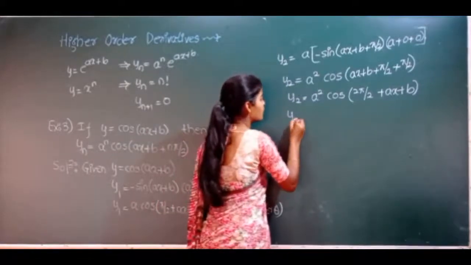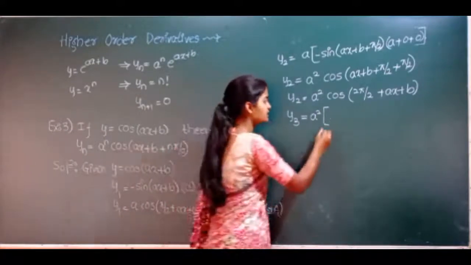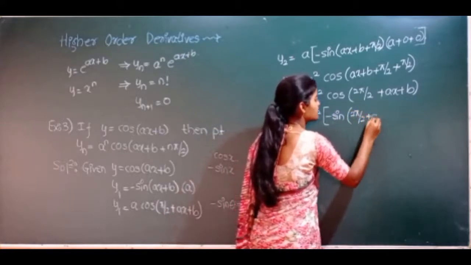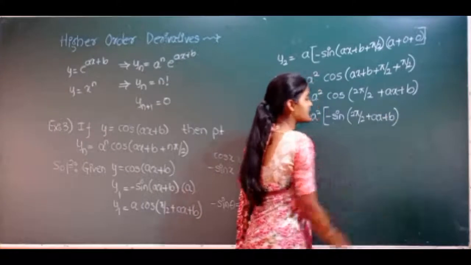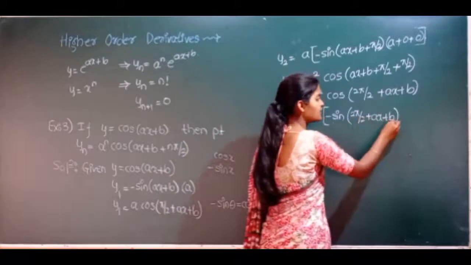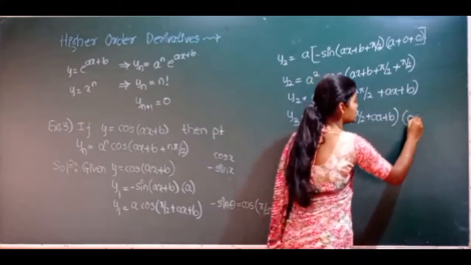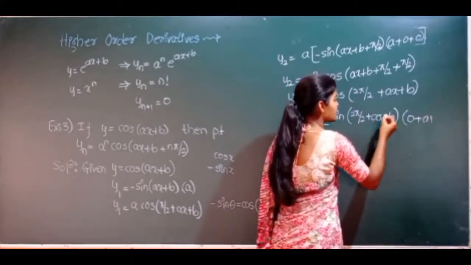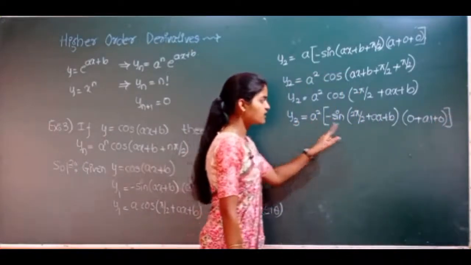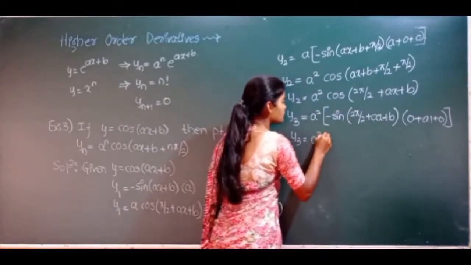Similarly, if I get y3, a square as it is, cos differentiation we have to get, again that is minus sin(2 pi/2 + ax + b), and into again this angle differentiation we have to take. The 2 pi/2 and b, its differentiation is 0, and ax differentiation is a only, so 0 plus a into x differentiation which is 1, and again 0. So now here it is a square and this is a, therefore y3 is equal to a cube.